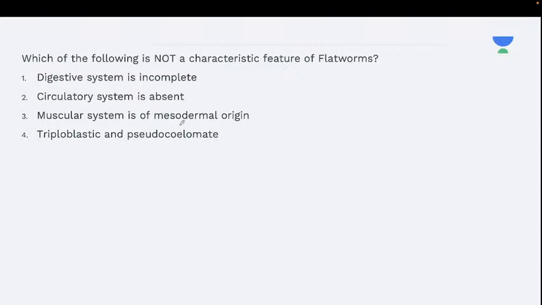So you have to find out which is not the feature of. Digestive system is incomplete, circulatory system is absent, muscular system is of mesodermal origin, triploblastic, pseudocoelomate.